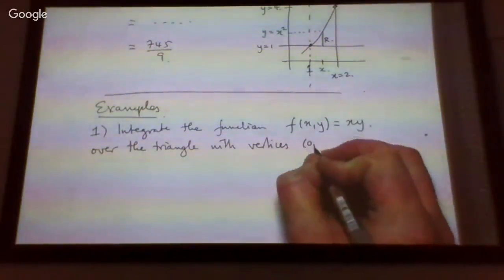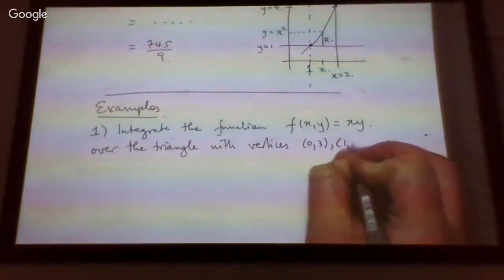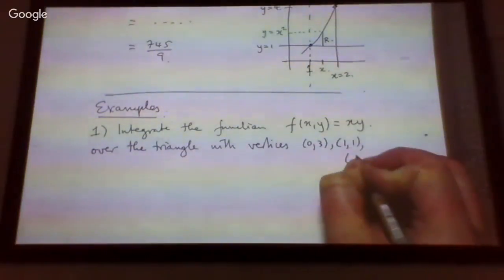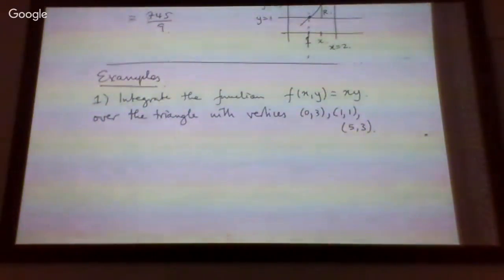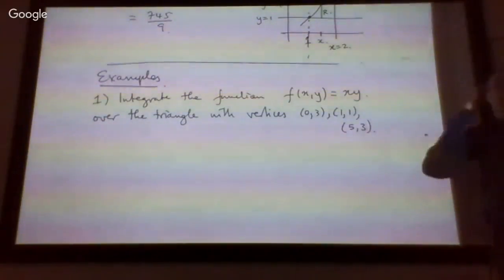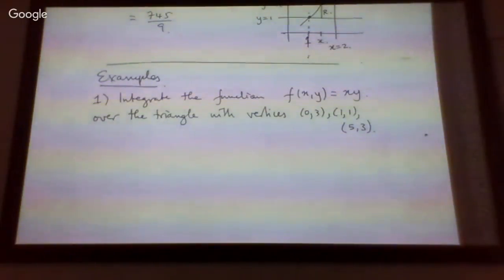I'm going to take the point 0, 3, 1, 1, and 5, 3. Okay, so those three vertices, those 3 points in the plane will define a triangle. And I want to integrate this function f of xy, which is x times y, over that triangle.